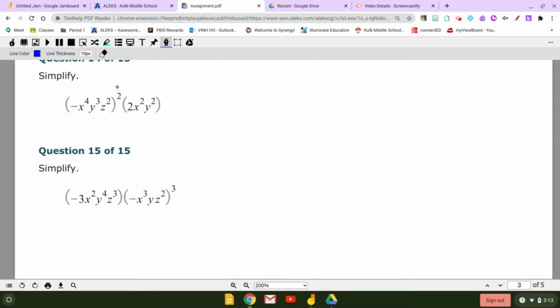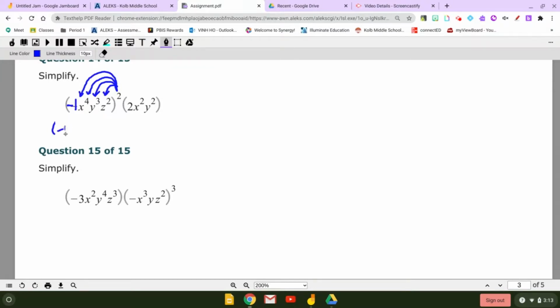So first, we're going to distribute 2 in. The first parenthesis has the power, so we have to distribute it in to each member inside of the parenthesis, each exponent. Now, this one has the negative sign, which means it's a negative one, right? So you also have to distribute the power into that negative one.